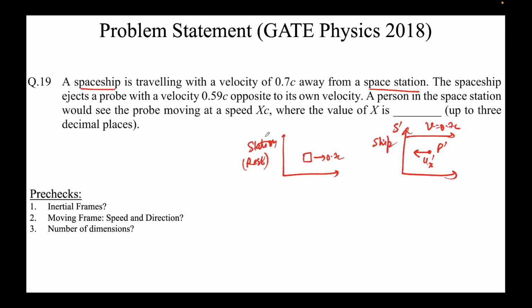Again, the observer O sitting in the space station will observe this probe p, and let's say the velocity of this probe is ux. Alternately, we can say that it is in this direction itself, and that it's minus 0.59 c, where this is the positive x-axis. Similarly, this particle p will be observed moving at ux in this direction.